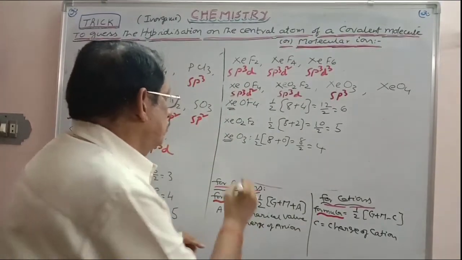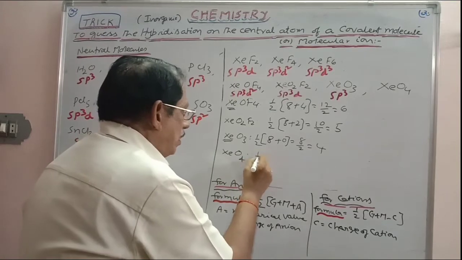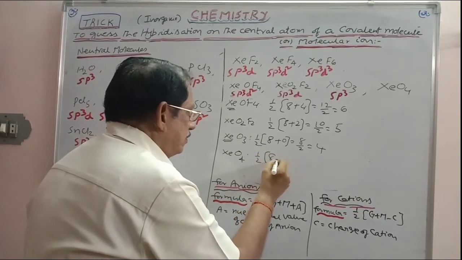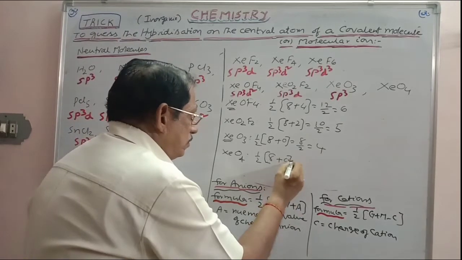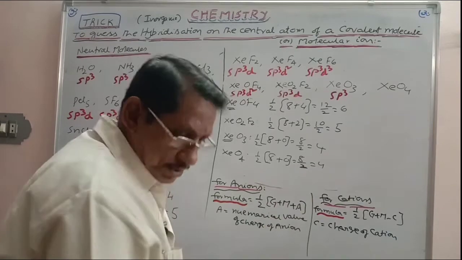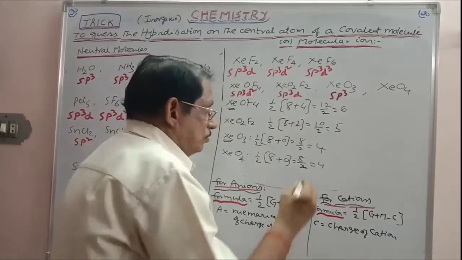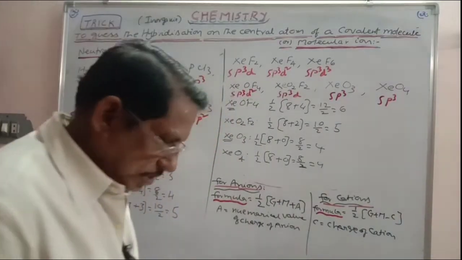Similarly, you can take XeO4 also, half into xenon 8, number of monovalent atoms is equal to 0, so 8 plus 0, 8 by 2 is equal to 4, right? Once again, in this case also, xenon undergoes sp3 hybridization, okay?